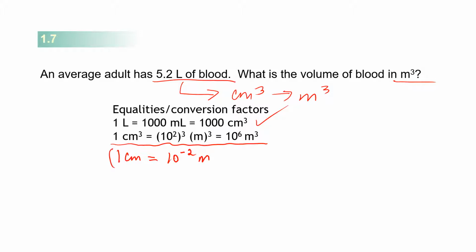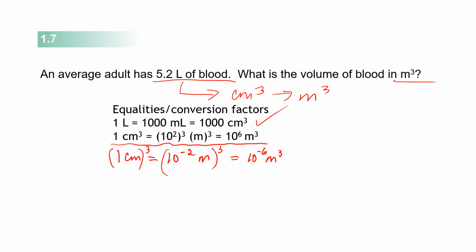And if we cube both sides in their entirety, we get 1 centimeter cubed equals 10 to the negative 2 meters cubed equals 10 to the negative 6 meters cubed. So try to avoid that mistake. Unfortunately, it can be kind of an easy one to make unless you're really paying close attention, but it's important to get that relationship correct.